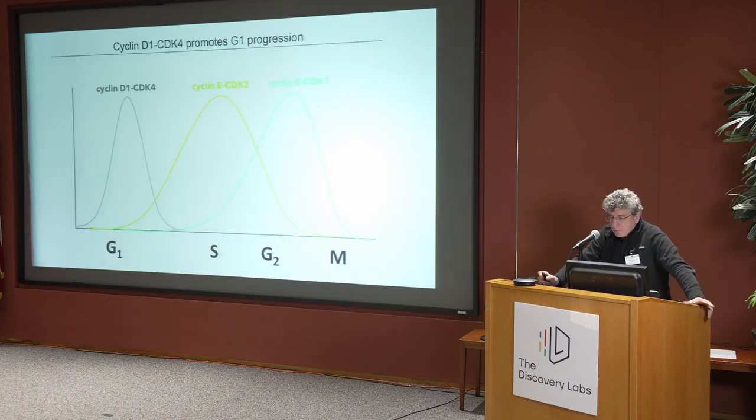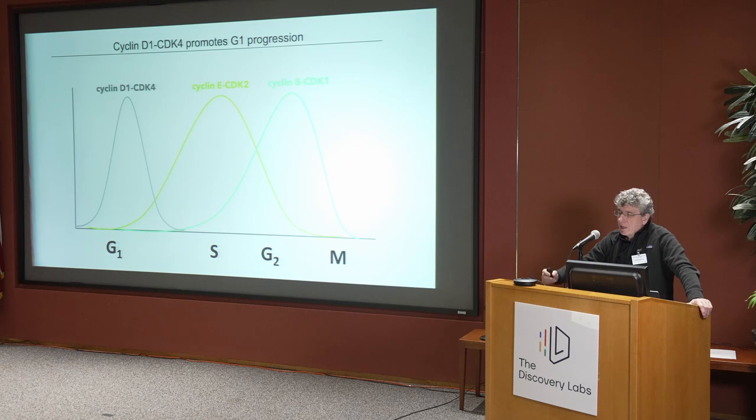So, as you heard from Avram, we are interested in cell cycle control, and I'm sure that everyone here knows that different cyclins will activate different CDKs at different stages of the cell cycle to promote progression through the cell cycle. And the first cyclin to be activated in the cell cycle is cyclin D1.